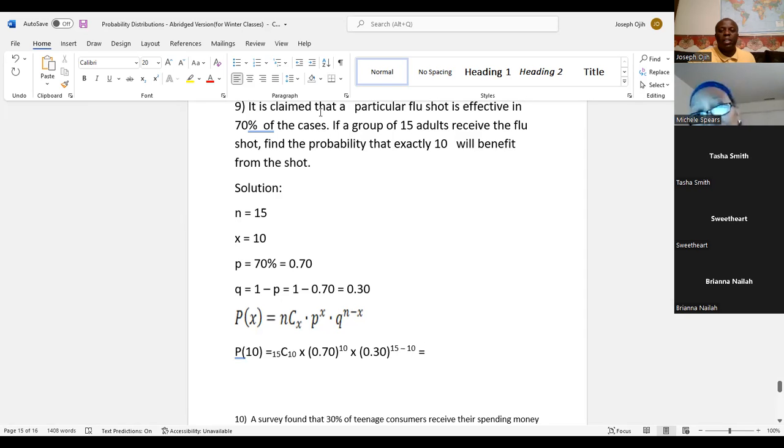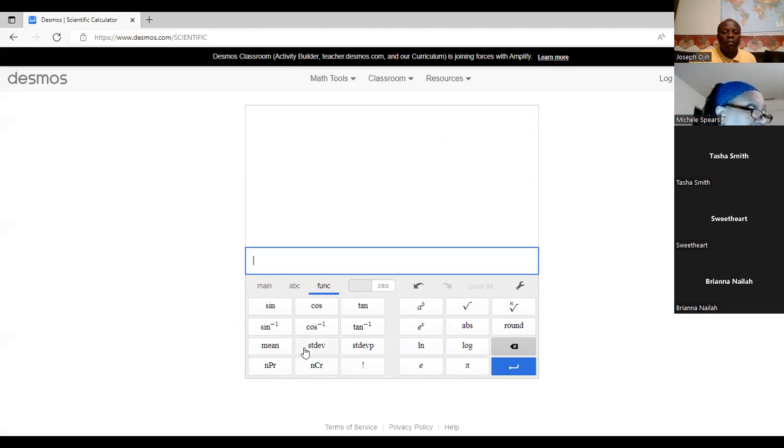Let us put this in our calculator. Okay. So we have a function NCR. So 15 combination 10 means 15 comma 10.